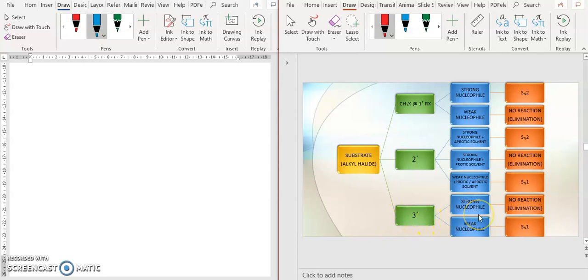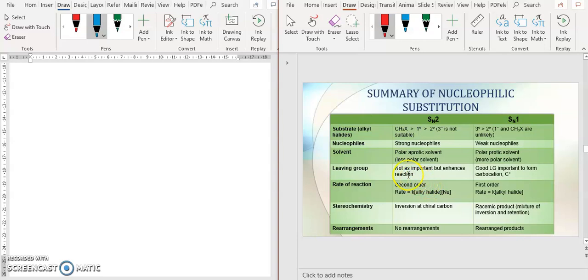If it is a weak nucleophile, it will go for SN1 reactions. That is the summary. And this is a summary for the whole reactions. You can see the substrate for SN2 is methyl, primary or secondary; tertiary is not suitable, along with other properties that we have discussed before.